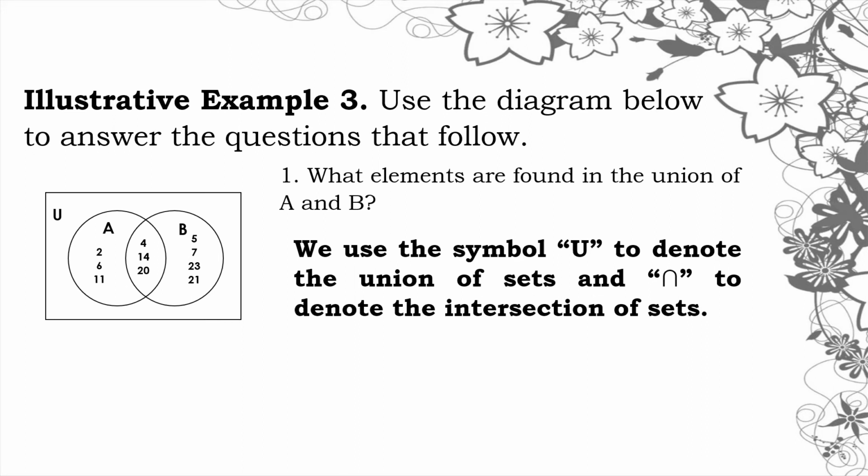We use this symbol to denote the union of sets, and this symbol to denote the intersection of sets. Remember the symbol U to denote the union of sets, and this other symbol to denote the intersection of sets.